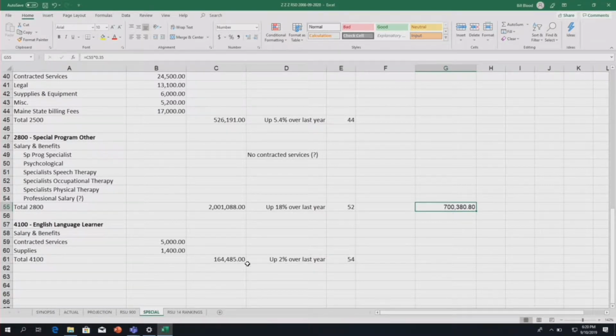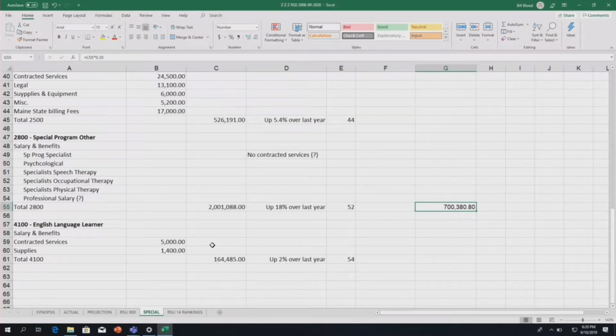And that was up 18% over the year past. The $2 million in that one category, 700,000 of it would be ours. I'm not sure we would need to hire those people. I know we need those services, but in years past, we've had contracted services. So I think there could be some savings in there.